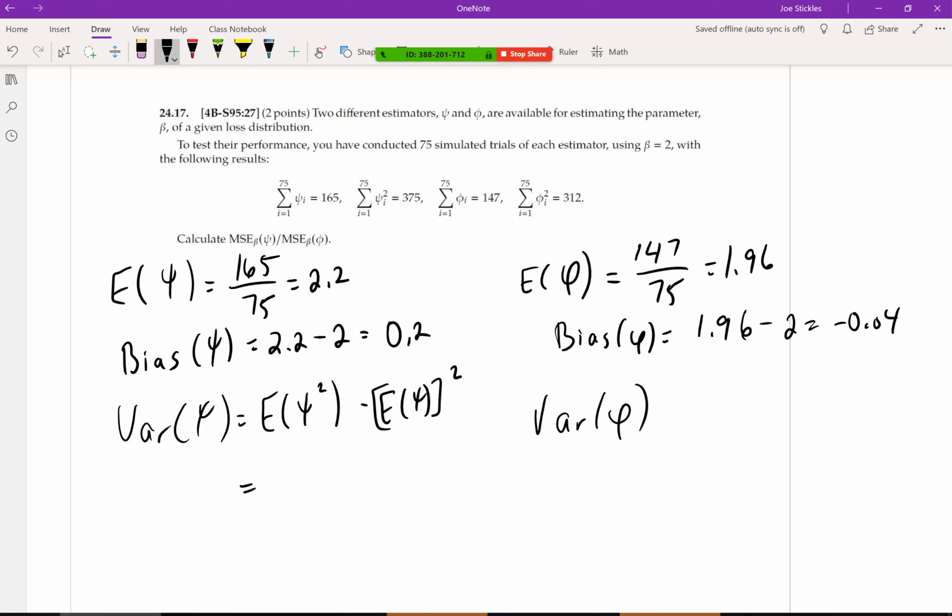The first part will be 375 over 75. I looked at the wrong one at first. They tell us that the sum of the psi squared is 375. And we already did expected value of psi. So if I do 375 divided by 75, and then minus 2.2 times itself, I get 0.16 here.